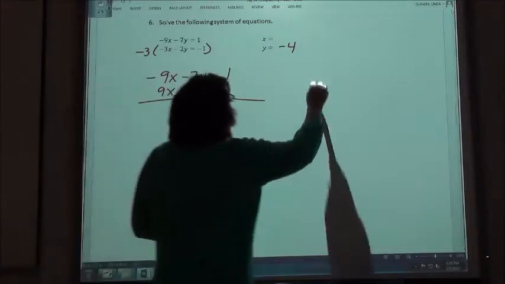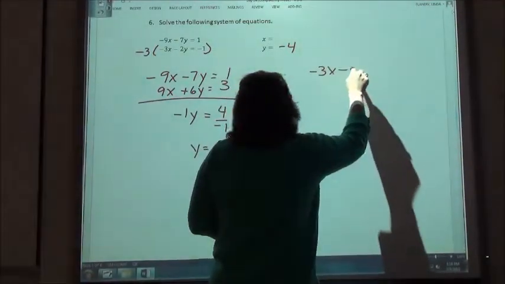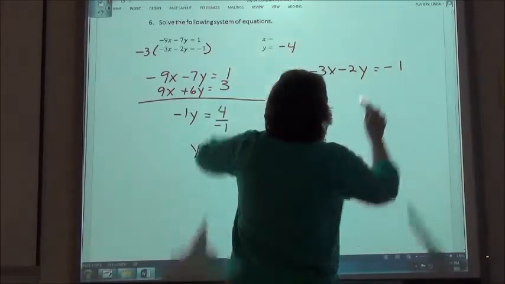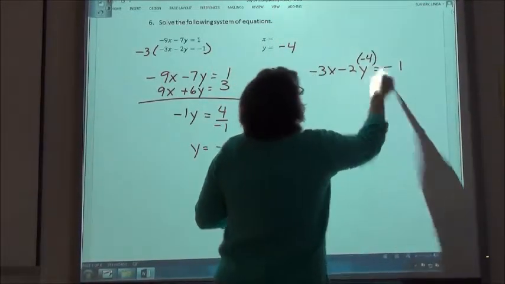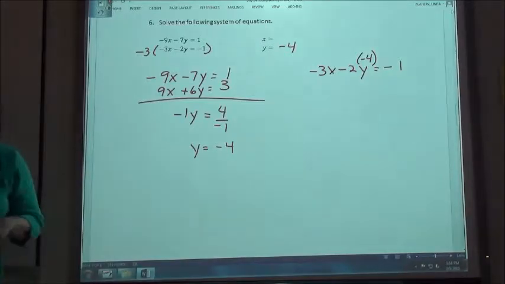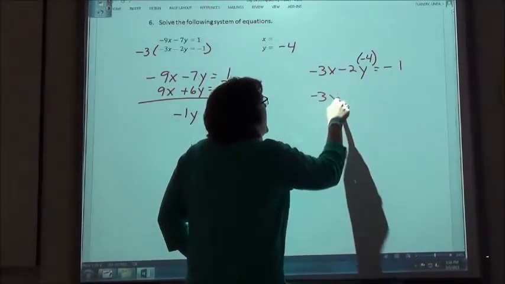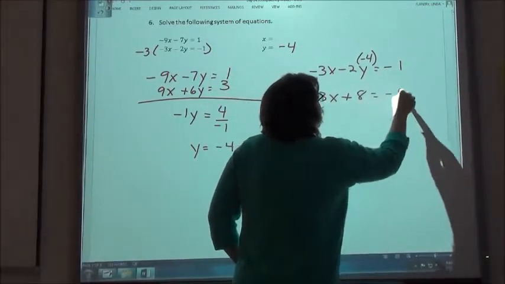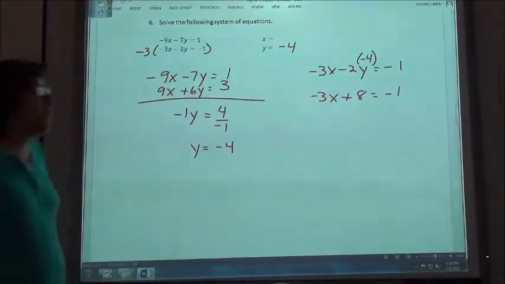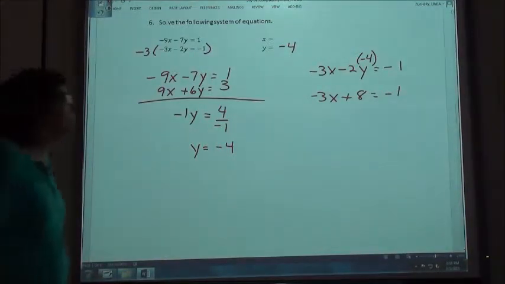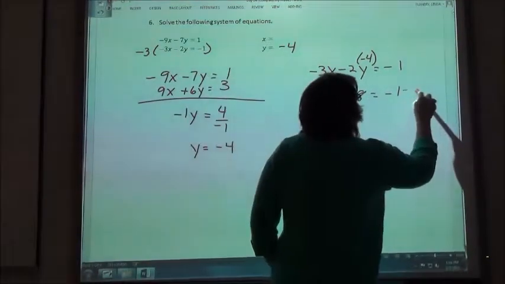So we have negative 3x minus 2y equals negative 1. We know that y is equal to negative 4. So if we multiply that out, we would get negative 3x plus 8 equals negative 1. If we're going to solve that, we would then minus 8.